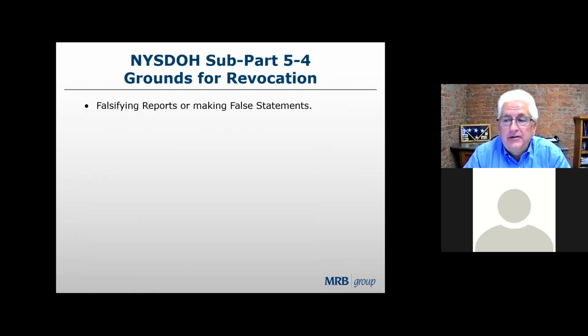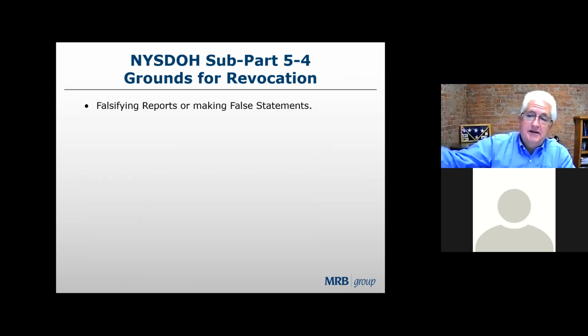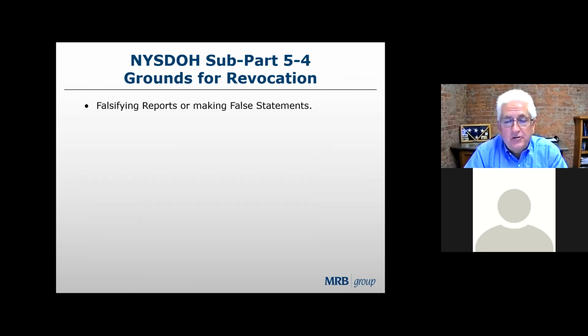So in addition to the suspension of the previous items, there are 6 or 7 items that are considered to be grounds for revocation. This is maybe taking the violation to a higher level and allowing, you know, for the agency, whether it's the Department of Health or the Department of Environmental Conservation, to revoke your license. So the first one, I'm just going to buzz through these 6, and then we'll show some pictures and talk about it.